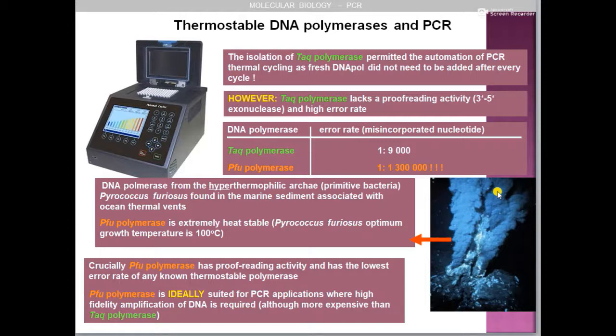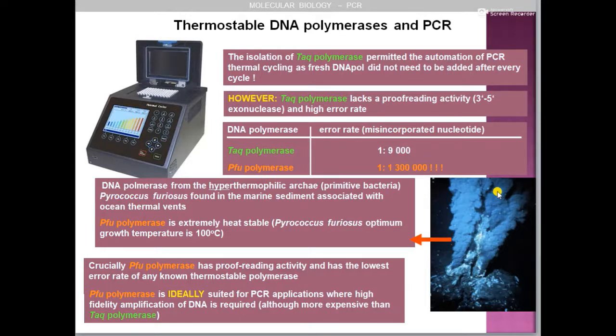So there are alternatives for Taq DNA polymerase, like Pfu polymerase, which is obtained from Pyrococcus furiosus, which has an optimum growth temperature of about 100 degrees centigrade. So the protein obtained from it, Pfu polymerase, can be used for PCR.